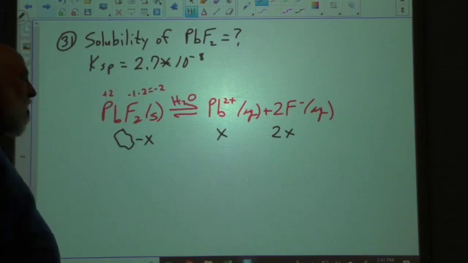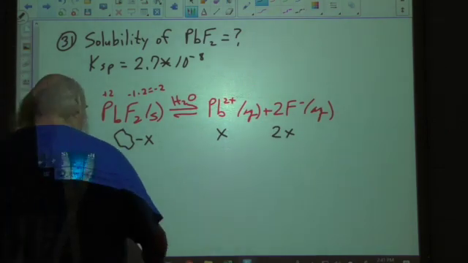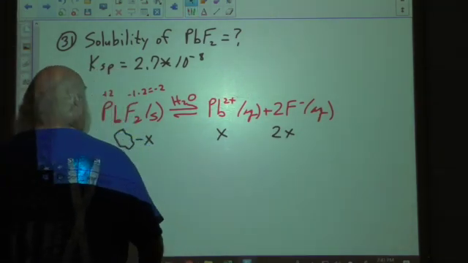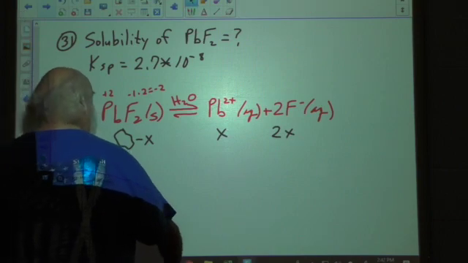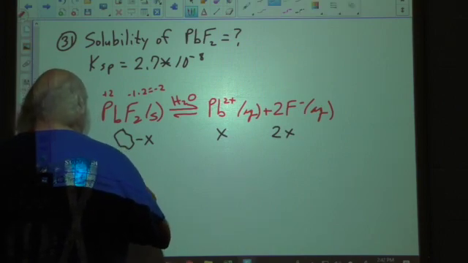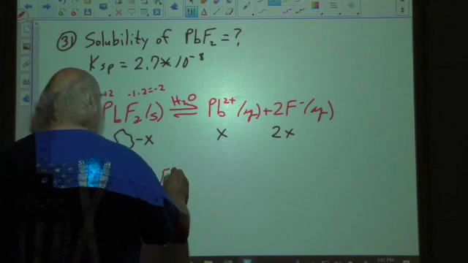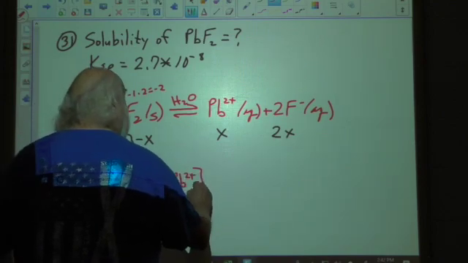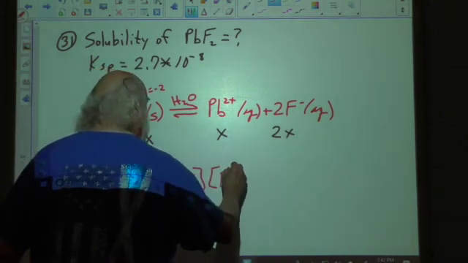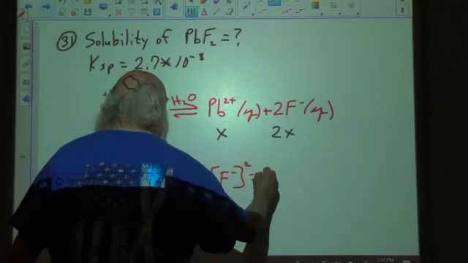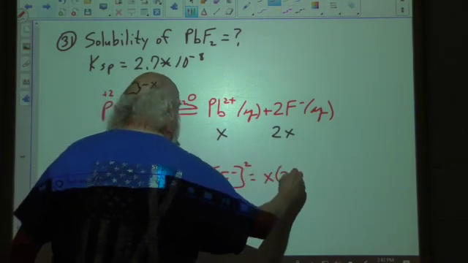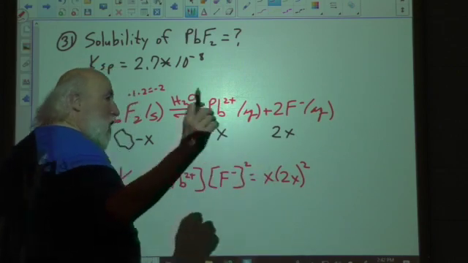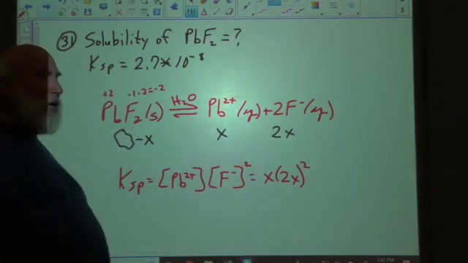Okay? So, that means then that Ksp, which is the concentration of lead 2 positive times the concentration of fluoride squared, is equal to X times (2X) quantity squared. And you gotta be careful, because people screw this up all the time.